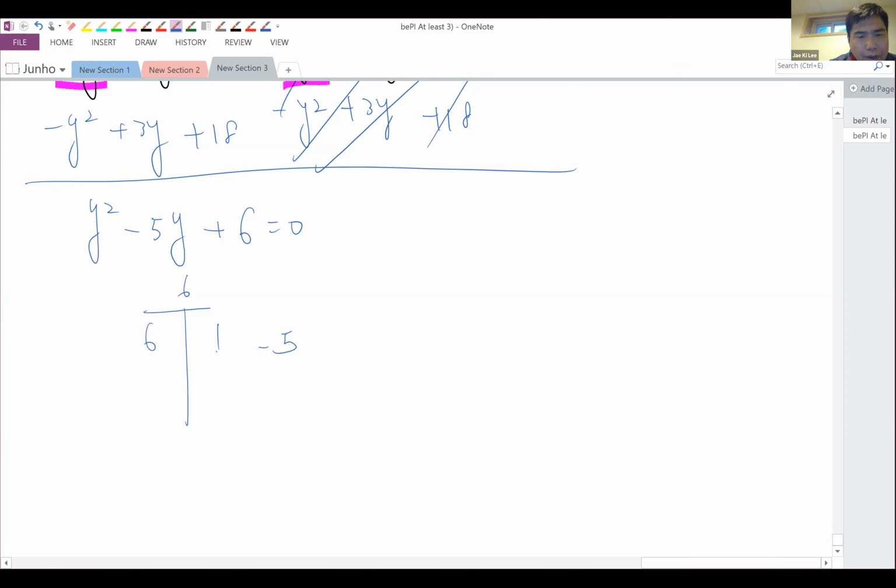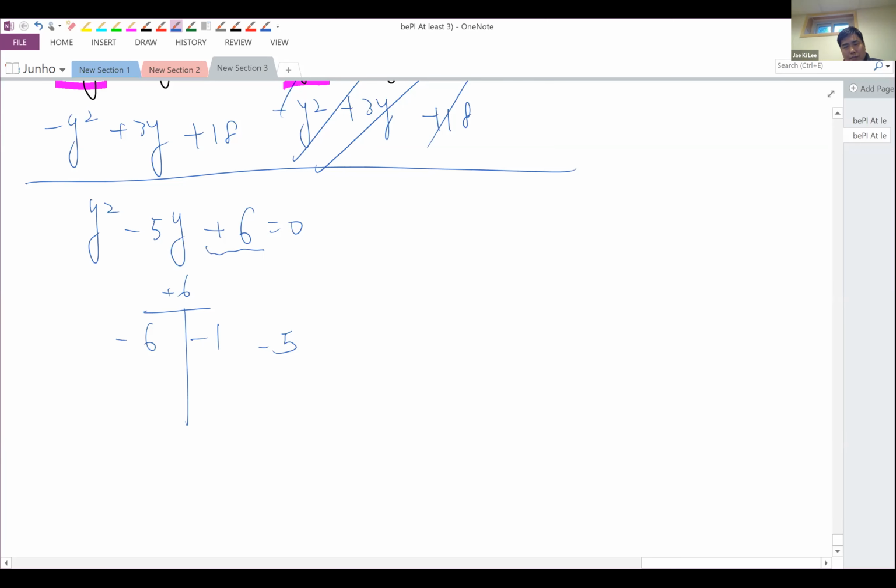But in this case, 6 plus 1 is not negative 5, because this is a positive number, which means they must both have negative signs, but negative 6 times negative 1 is positive 6, and the sum is negative 7. So it doesn't work. What about 1 and negative 6? No, then it becomes plus 5.